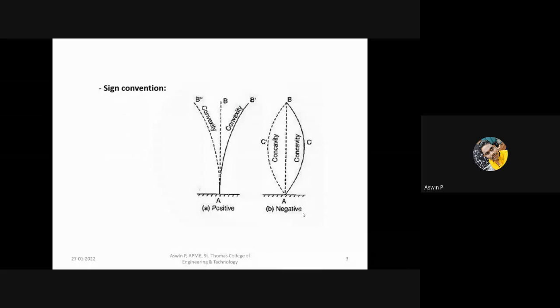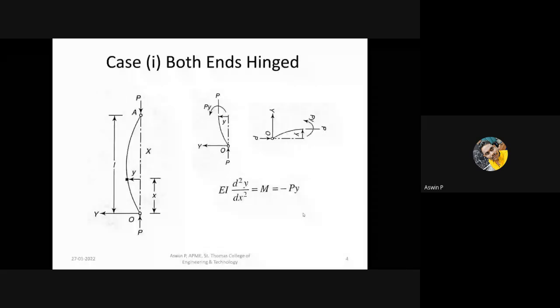Hope you have drawn. I am going to the next slide. I am taking the case discussed in your syllabus, which should be derived: both ends hinged. This may also be asked as both ends pinned. Consider a beam OA.